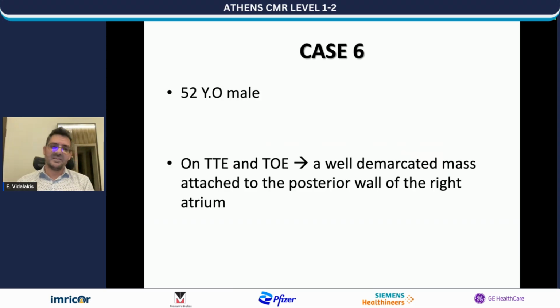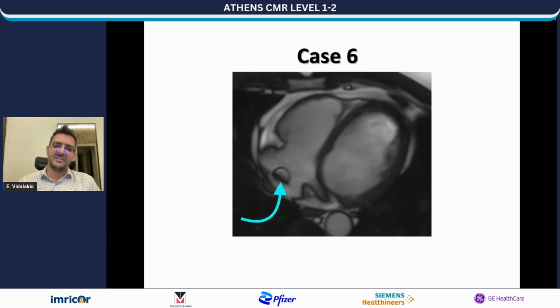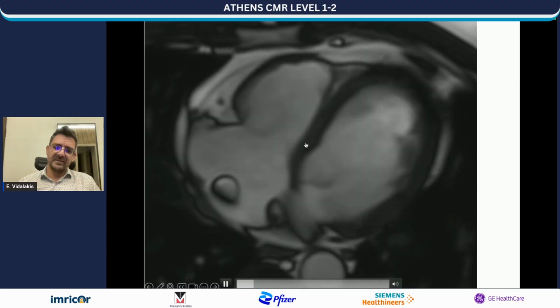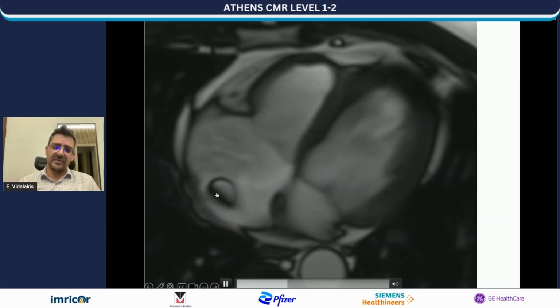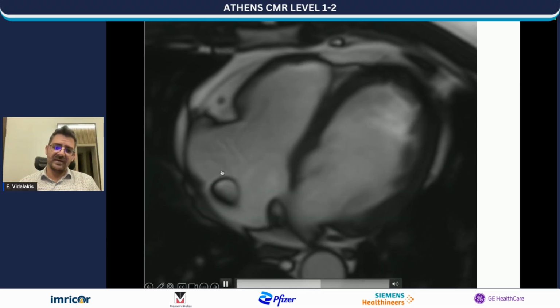The sixth case, here we have a 52 years old male, and on transthoracic echo and transesophageal echo, they see a well-demarcated mass attached to the posterior wall of the right atrium. This is a cine image of a four-chamber view, and as you see, this is the mass.